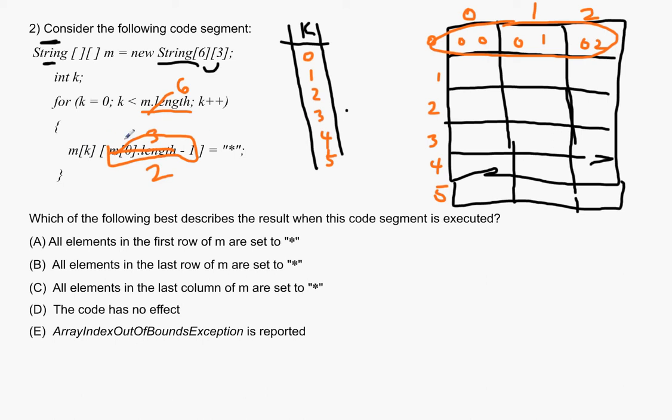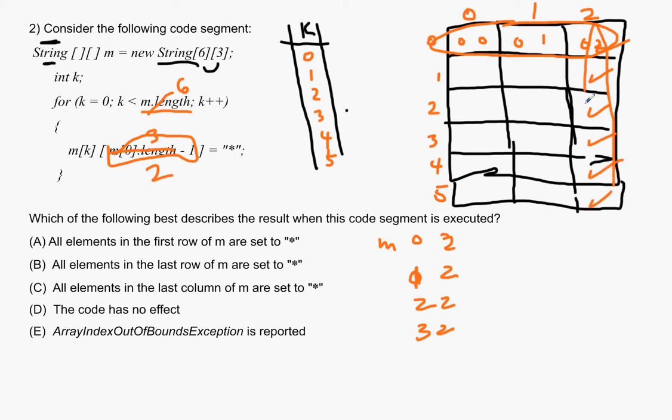While I'm going through this loop, it's going to be M[0][2], then [1][2], [2][2], [3][2], [4][2], [5][2].